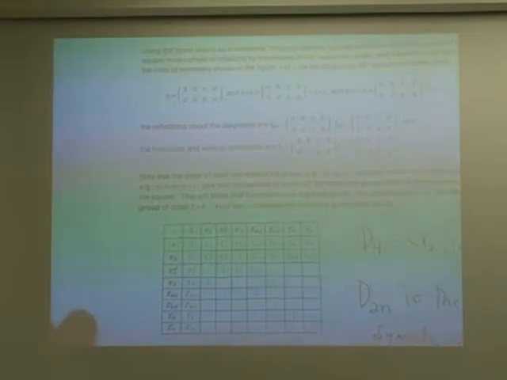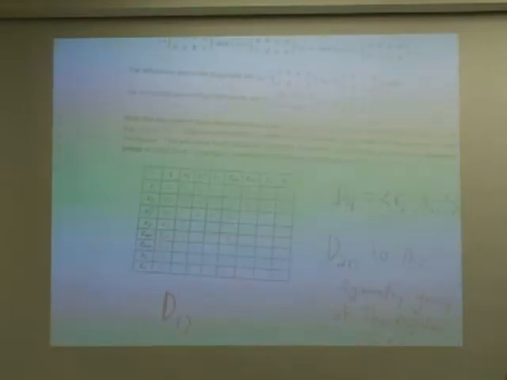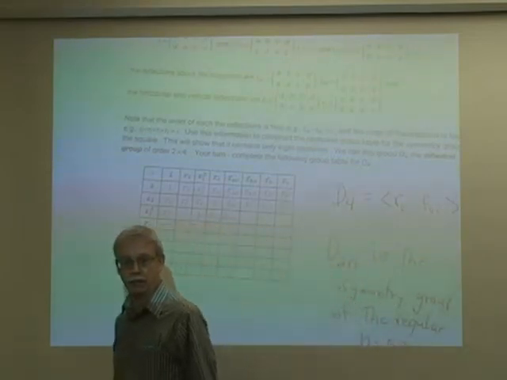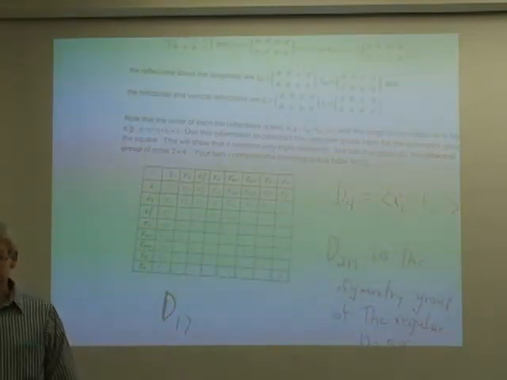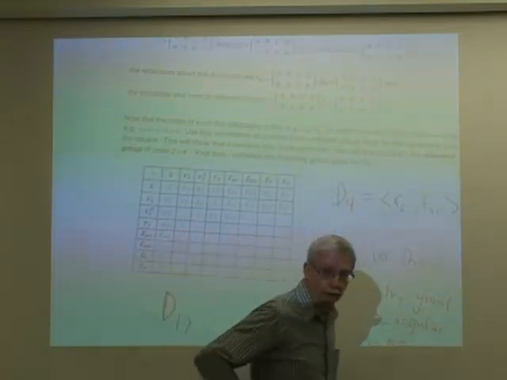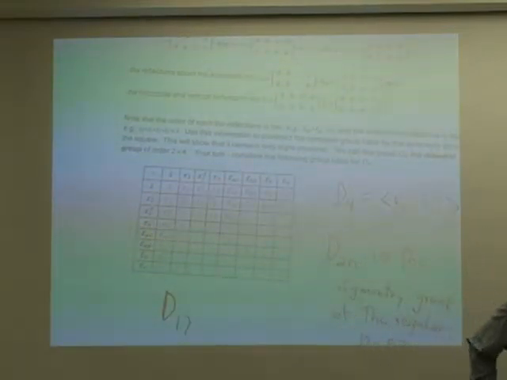The really nasty one is D17. What's special about a 17-sided regular polygon? Historical note, oh, math teachers.